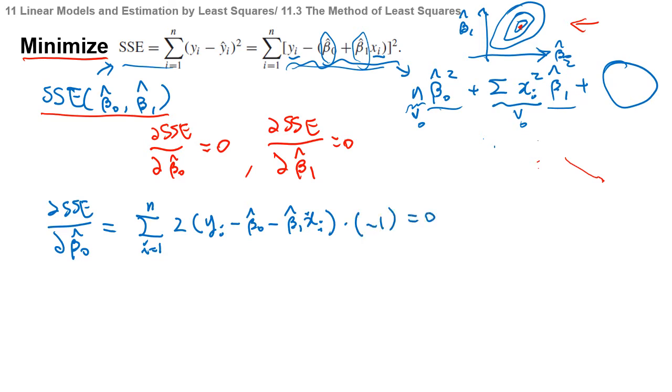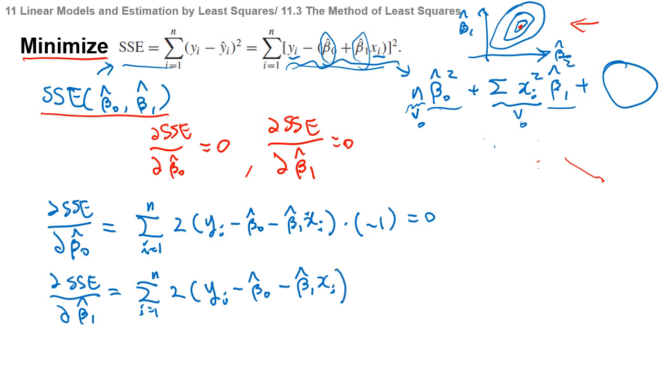This is equal to 0. Also, let's differentiate SSE with respect to beta 1 hat: the sum over i of 2 times yi minus beta 0 hat minus beta 1 hat xi, times minus xi, equals 0.